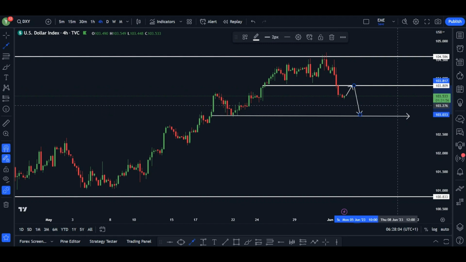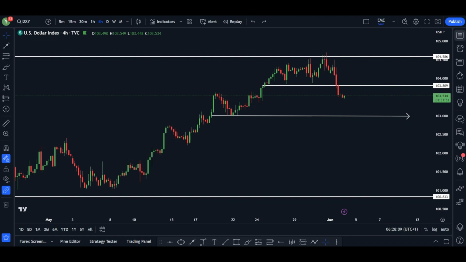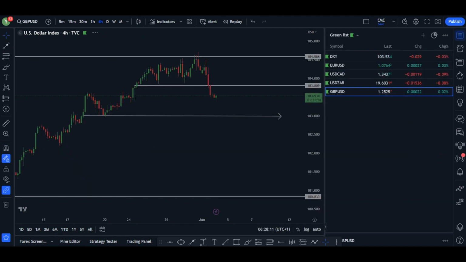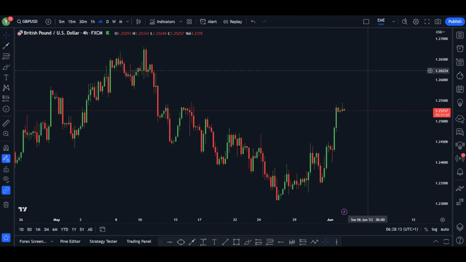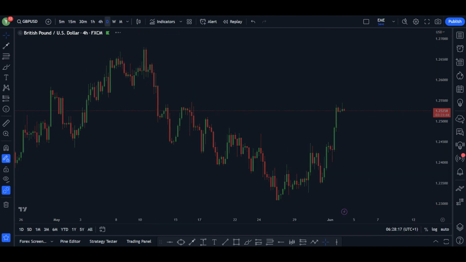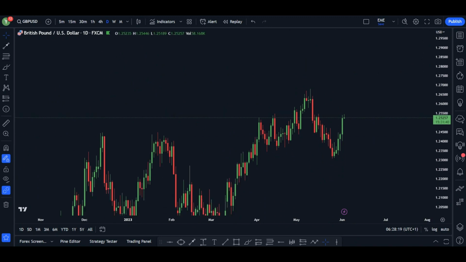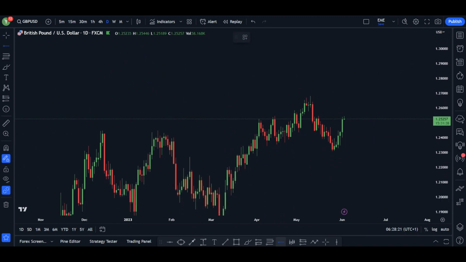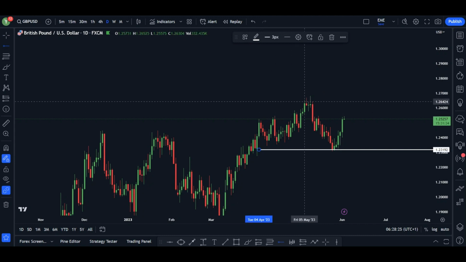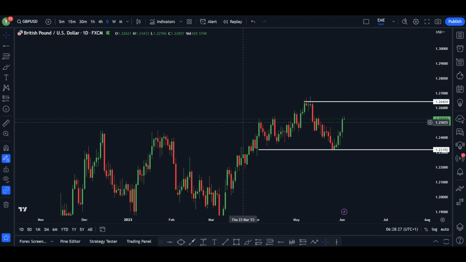So having identified this, now let's take a look at GBPUSD. If we drop down to a daily chart, we're having GBPUSD building up nicely. We've rejected off from this level, and that's more like our low, and this like our high.